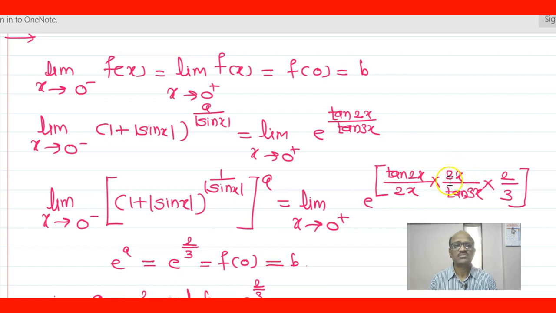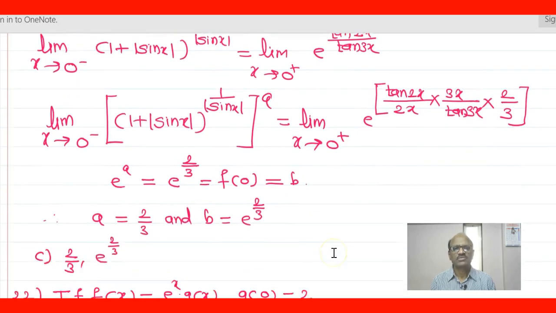But what is the extra term? The extra term: here is a 2 balance, and 3 is divided by 3. Therefore the value of this limit is e, and there is e raised to a. Again for this limit, e raised to 2 by 3, which is equal to f of 0.